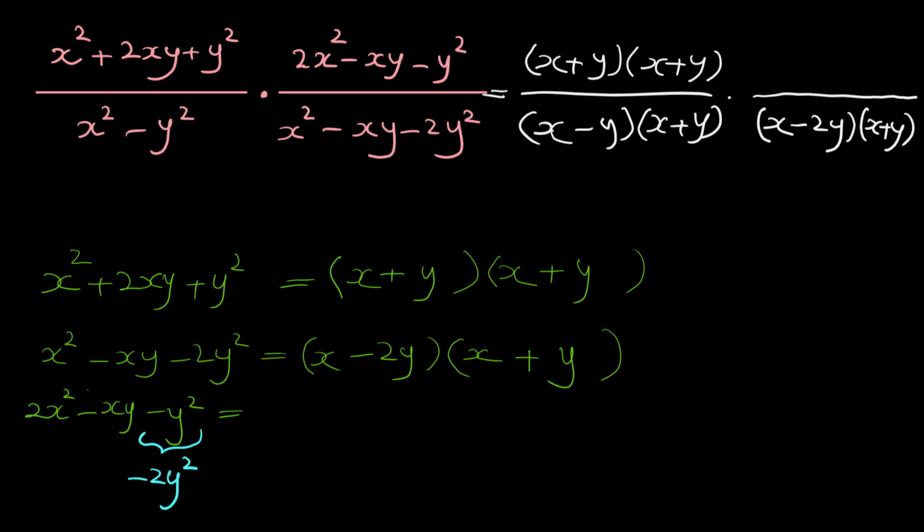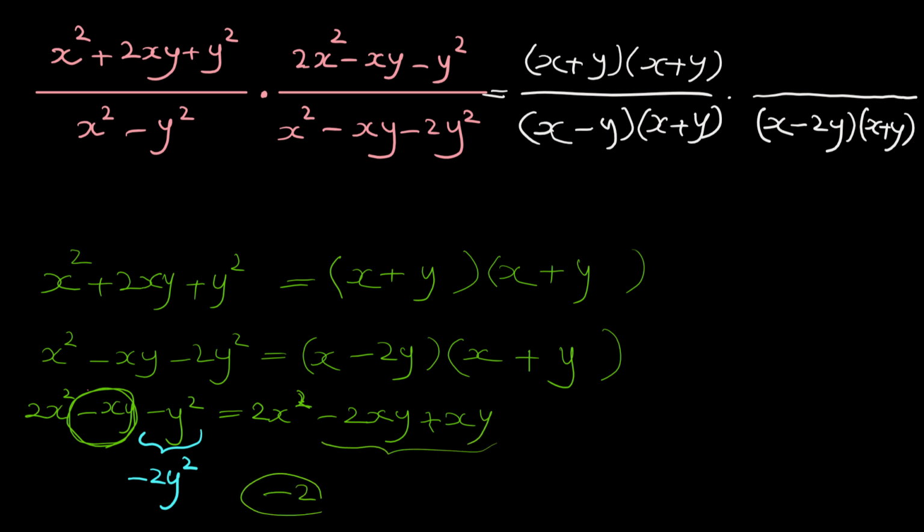What do we do with these numbers? If you remember from the previous example that I showed you before, we write 2x squared. And now our job is to split this in the form of negative 2xy plus xy. Again, where does this come from? Do you remember the numbers that we got were negative 2 and 1. So we write negative xy in the form of negative 2xy plus 1xy.